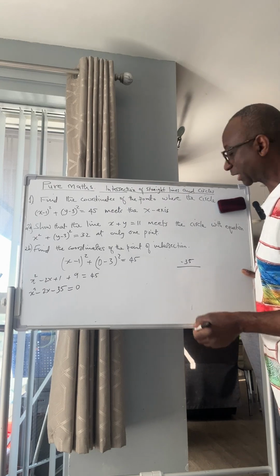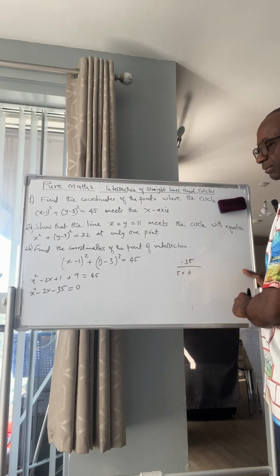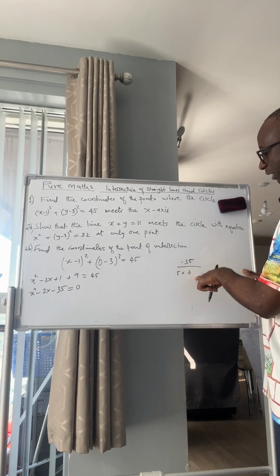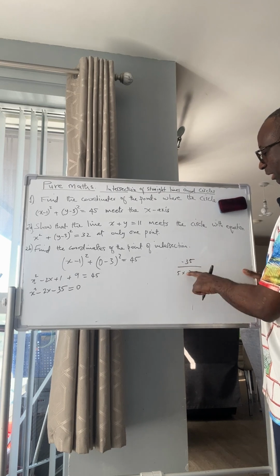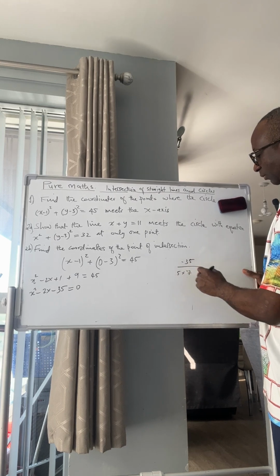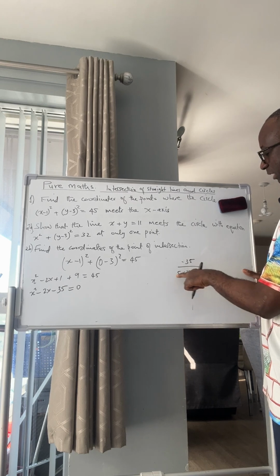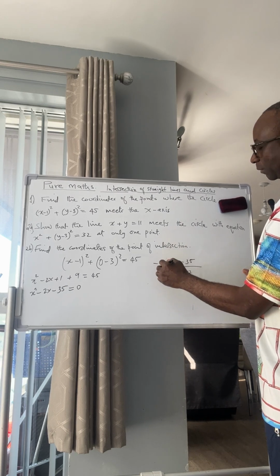What are the factors of 35? 5 times 7 gives you 35, but one of them has to be minus. So if we put minus on the 7, 5 times −7 is −35. Now we have −2 here. Don't forget.